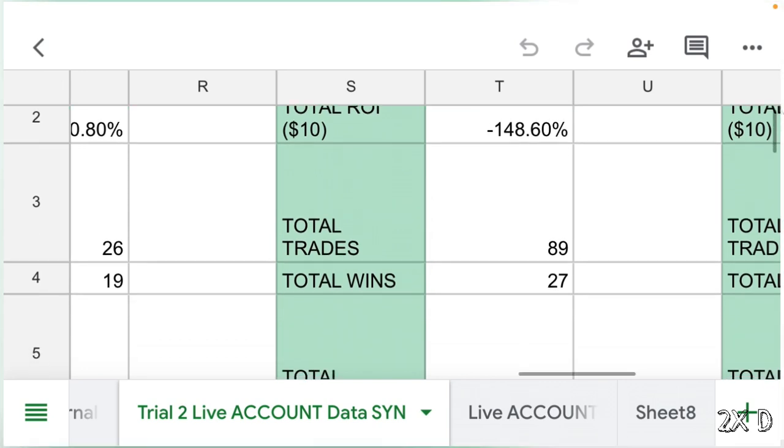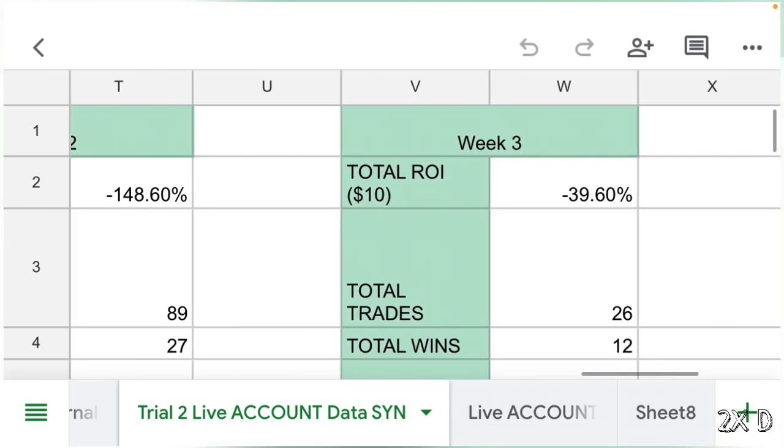This is week 2. Week 3, now my account is down by another 39%. If my account is down by 39%, that means I'm down like $4. So now I'm pretty much sitting at like $4 in my account, after a plus or minus $20 deposit.